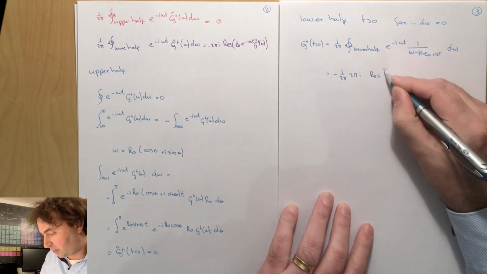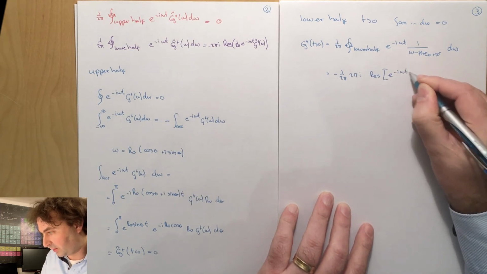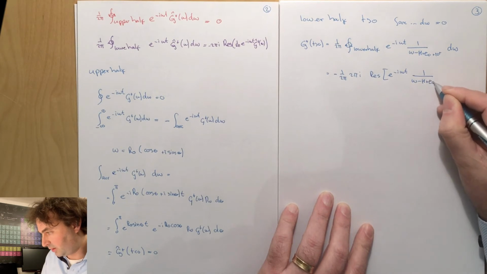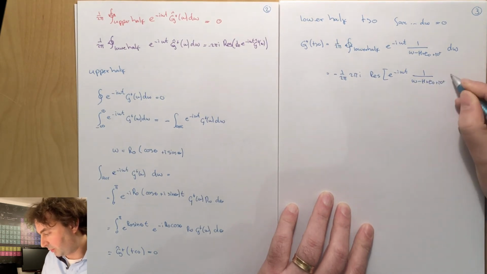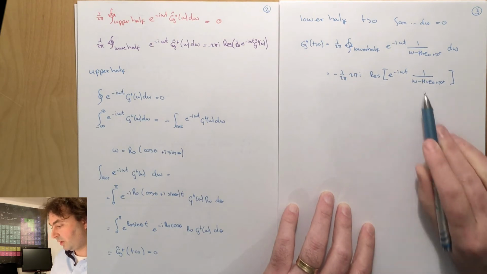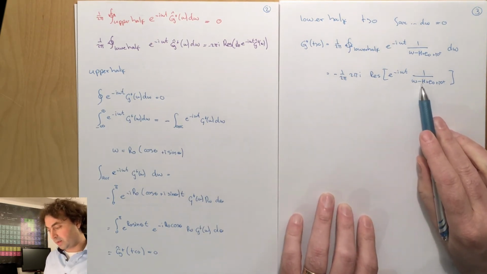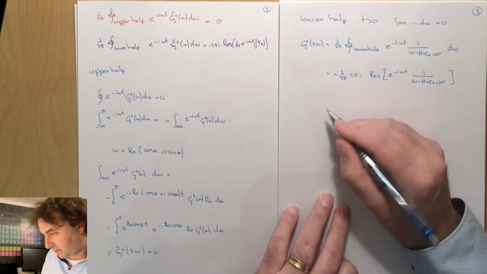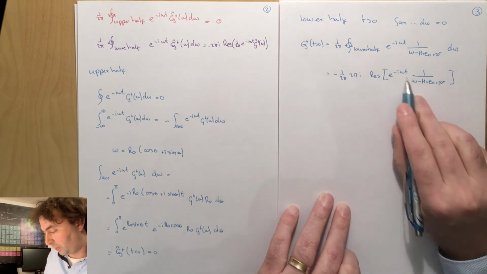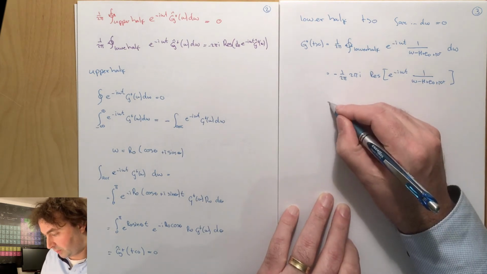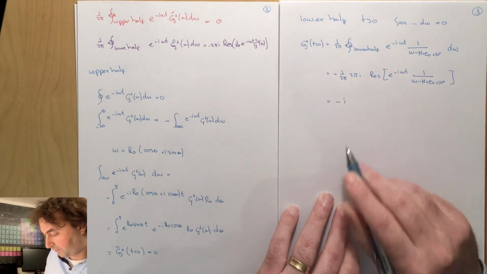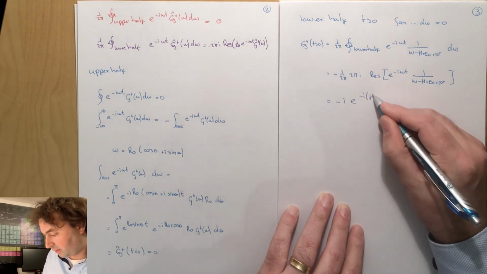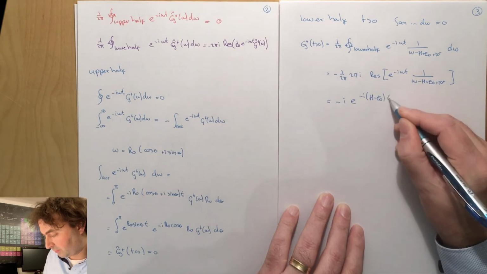And then the residues at e to the minus I omega t, 1 over omega minus the Hamiltonian plus E0 plus I0 plus. Well, we have a pole when omega is equal to h minus E0. So what we have here is minus I e to the minus I h minus E0 t.